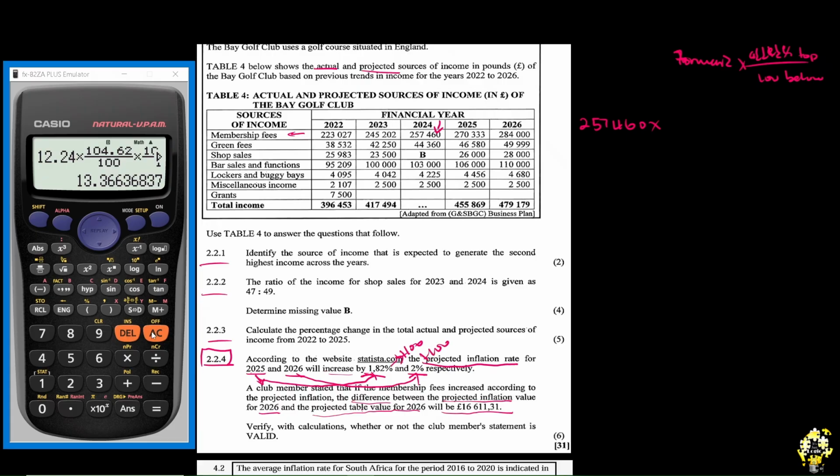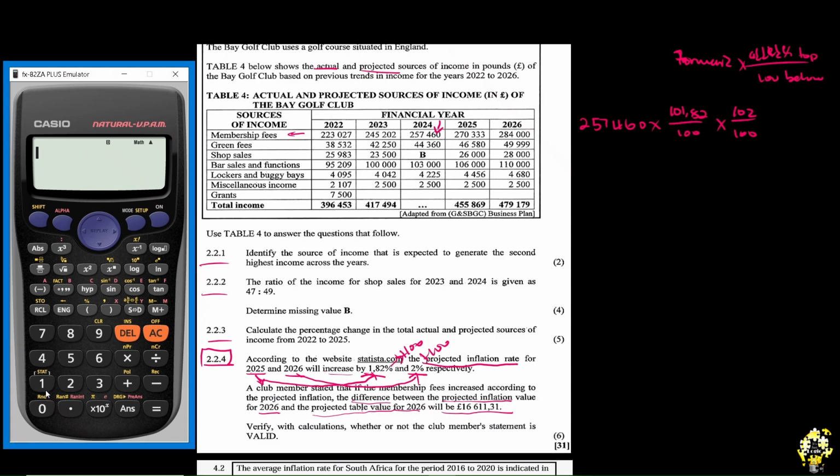So for 2025, we have 100 plus 1.82, which gives us 101.82 over 100. And then again, for 2026, here you simply have 100 plus a 2, which will give us 102 over 100.